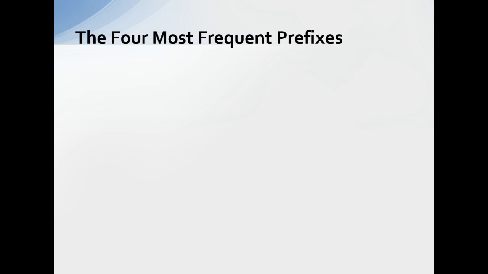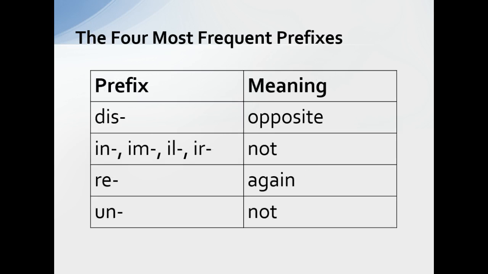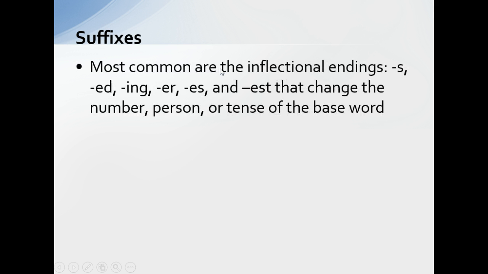So we have the four most frequent prefixes, and those are right here. Dis means opposite. In, im, ill, ir mean not. Re means again. And un means not. It's important to show these to students and to teach them their meaning. Then we have suffixes. Most common are the inflectional endings such as the s, the ed, the ing, er, es, and the est. That change the number, person, or tense of the base word.